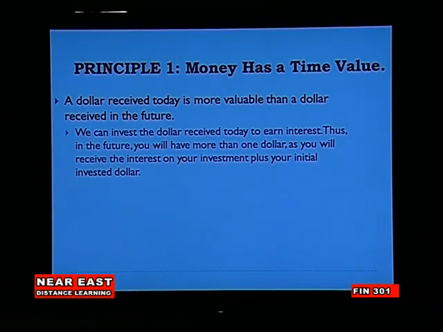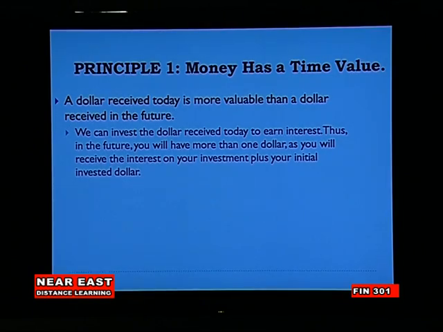The first principle: money has time value. A dollar received today is more valuable than a dollar you will receive in the future. For example, if you have $1,000 now, it will not equal $1,000 after 1 year, because you can invest the dollar you receive today and earn interest.